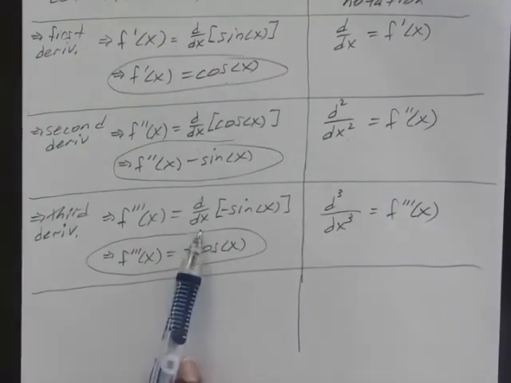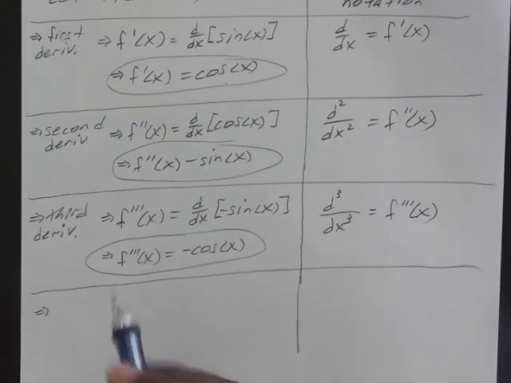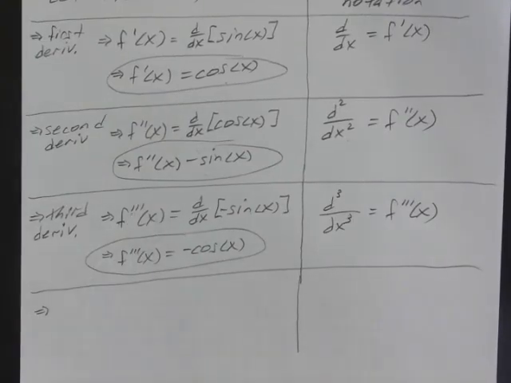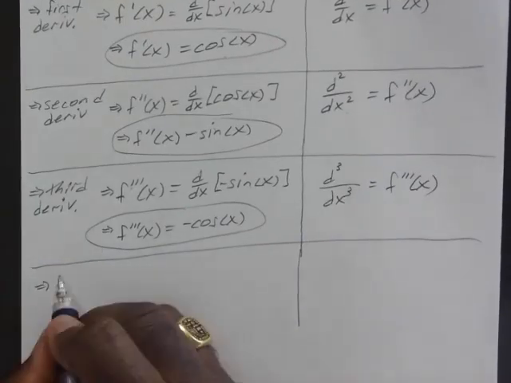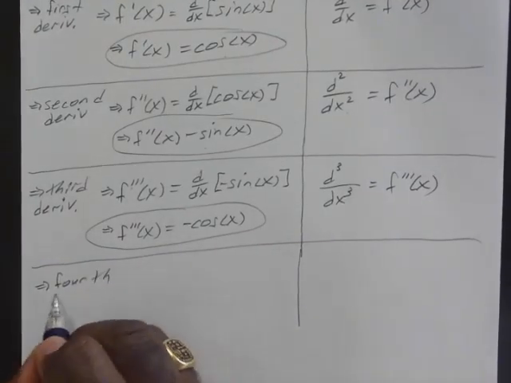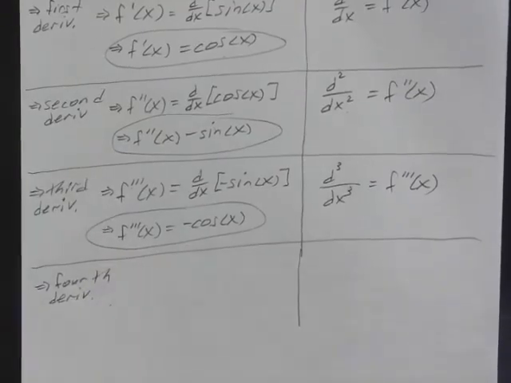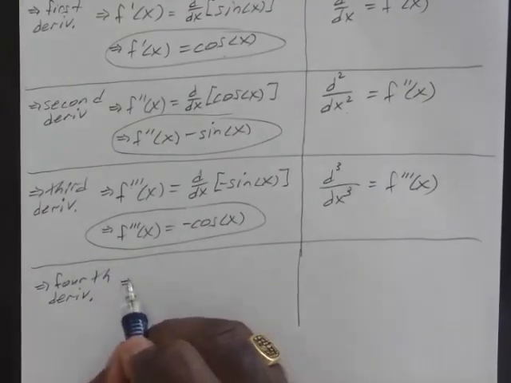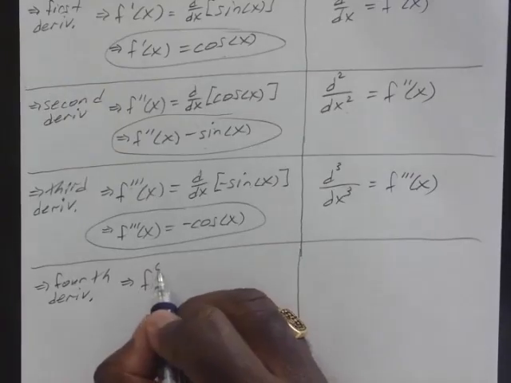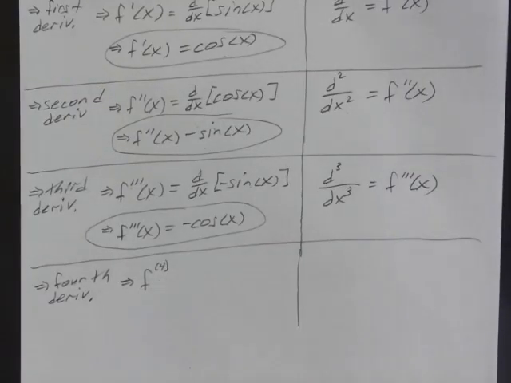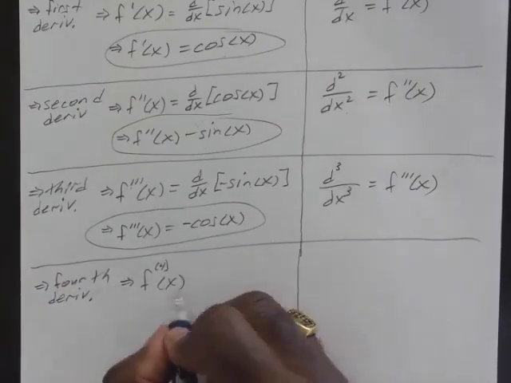Okay. Now, anything above the third derivative, you're no longer putting the quotation marks, or apostrophes. Anything after the third, you're just putting the number of derivatives in parentheses. The fourth derivative is just f with a little 4 up there of x.